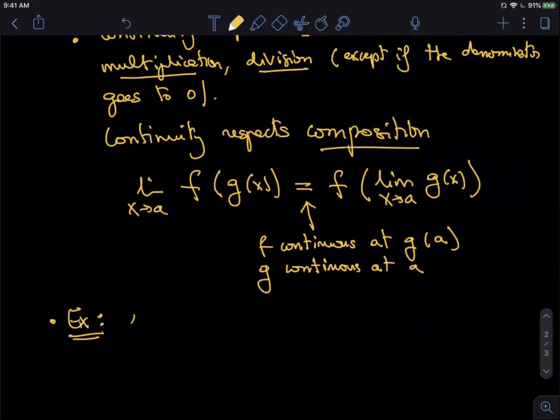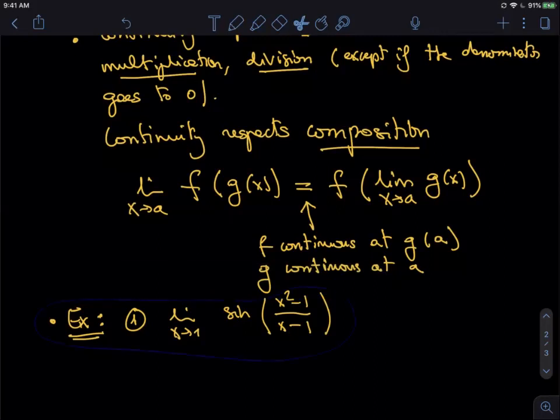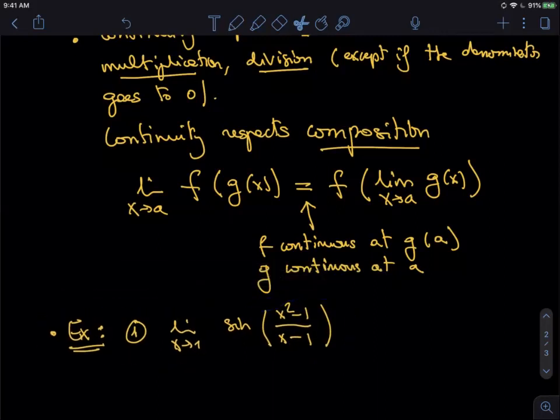So let's say I give you this function: the limit as x tends to 1 of the sine of (x squared minus 1) divided by (x minus 1). Now it would be a great time to pause the video, try it by yourself, and then we can compare notes.